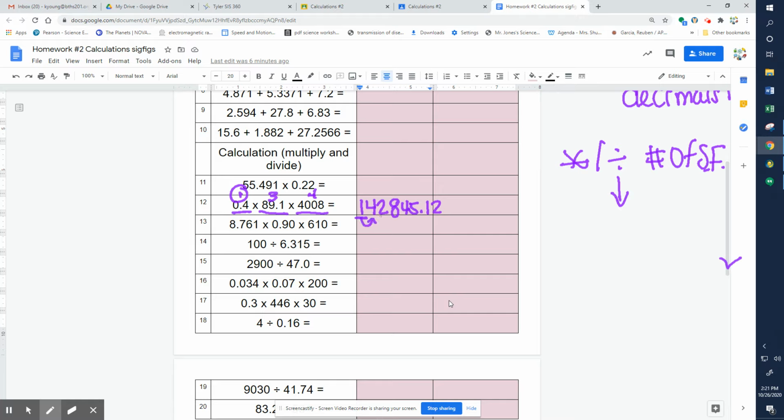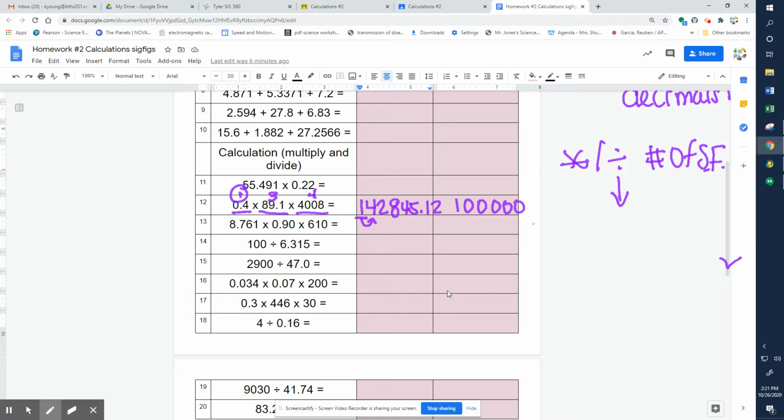Our first significant figure, the one with the most value, is that 1. When I look behind it, there's a 4. So it's going to round to the same. So 1, and then fill in the rest with zeros. And that is our correct answer, 100,000.